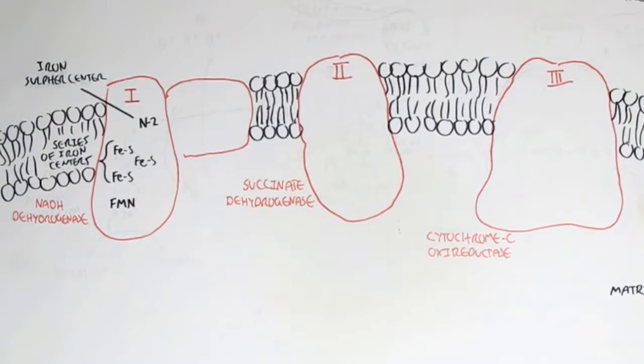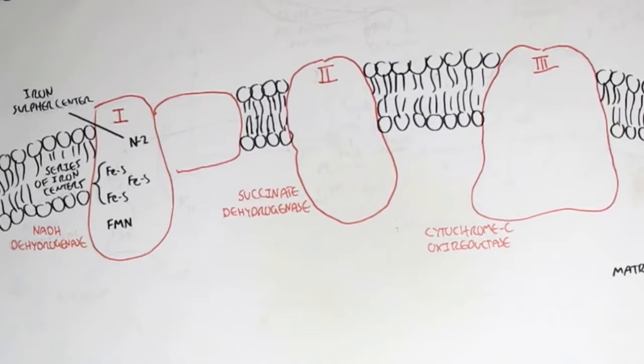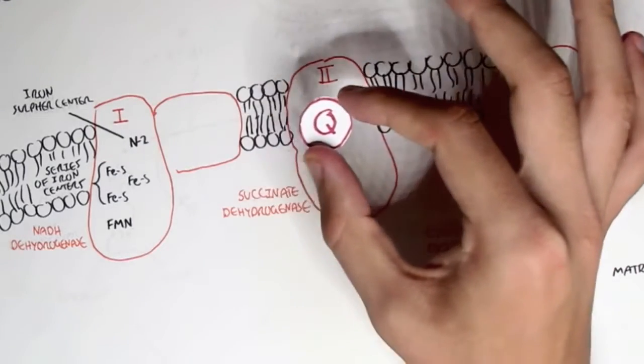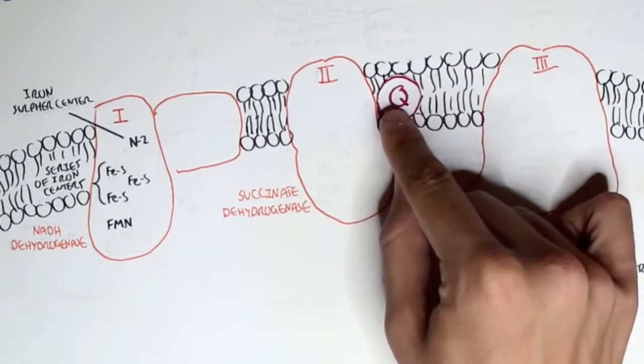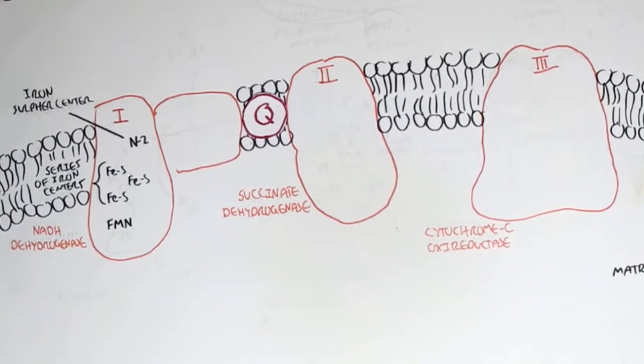Before we continue with complex 1, another important protein which floats in the inner mitochondrial membrane is ubiquinone, also known as coenzyme Q10. Its purpose is to carry electrons through these different complexes, because it is a mobile protein, whereas the complexes are stationary.